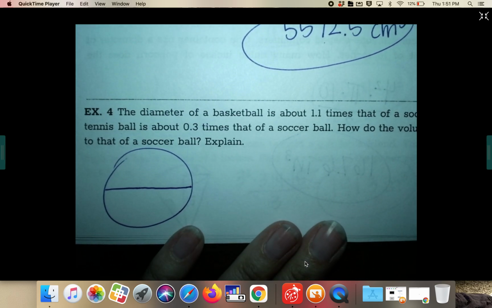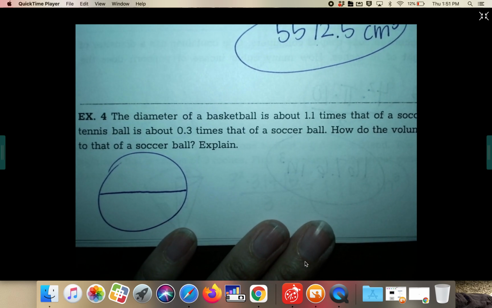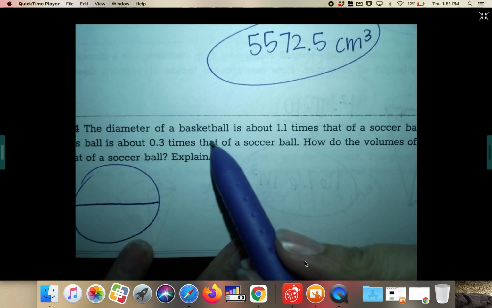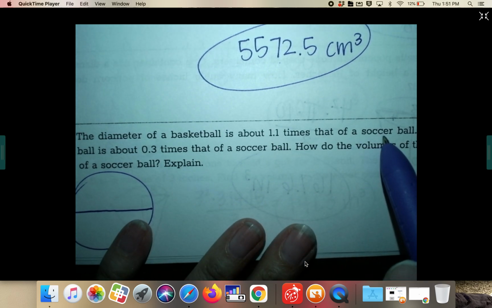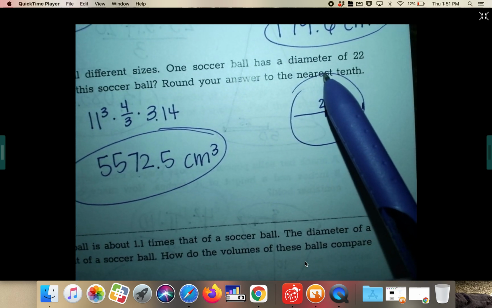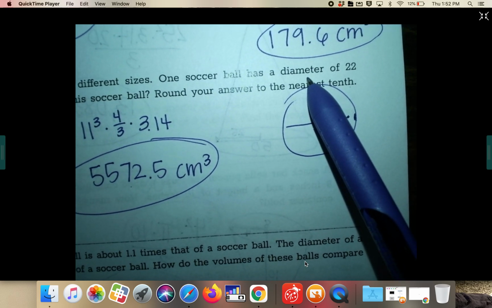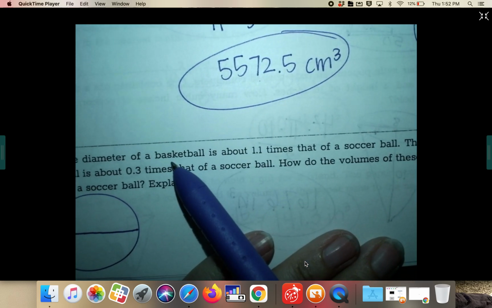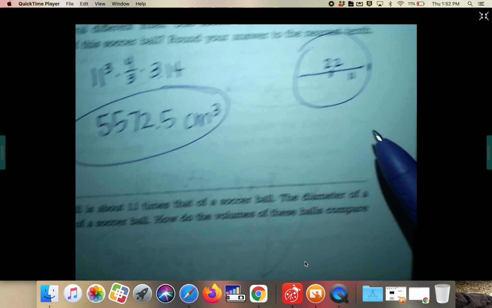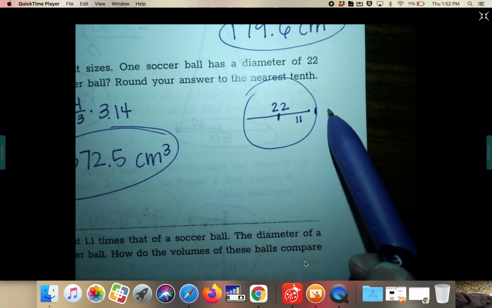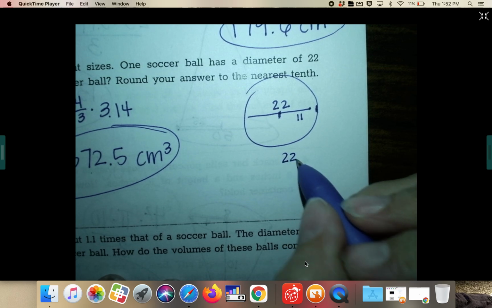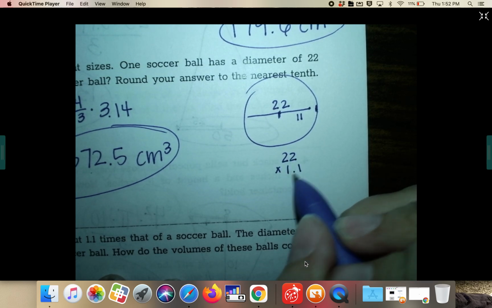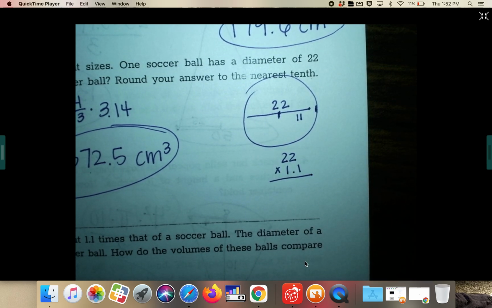So let's see. The diameter of a tennis ball. Okay, so if the diameter of a basketball is 1.1 times that of a soccer ball, I'm going to go back up to my soccer ball, and if it says the diameter of a basketball is 1.1 times the diameter of a soccer ball, which we said is 22, I'm going to take my 22 and multiply by 1.1 to get my basketball diameter.